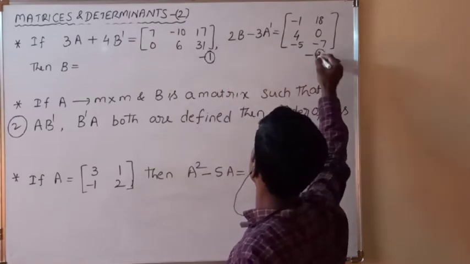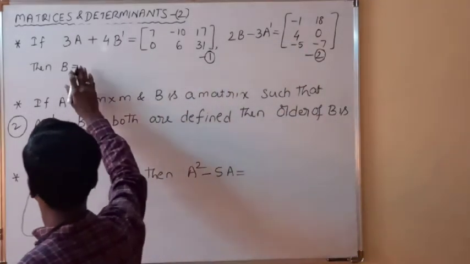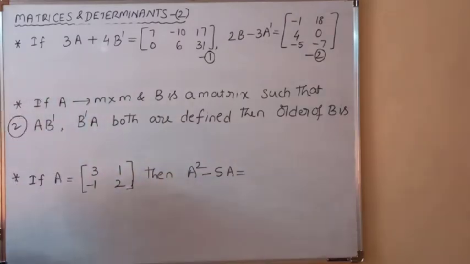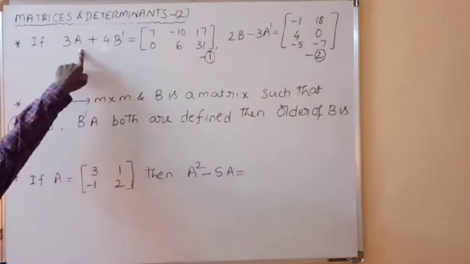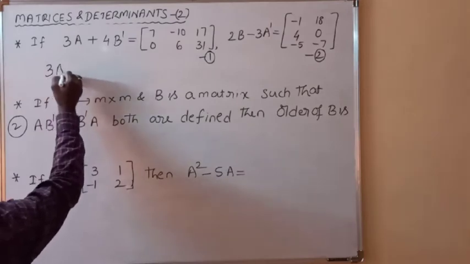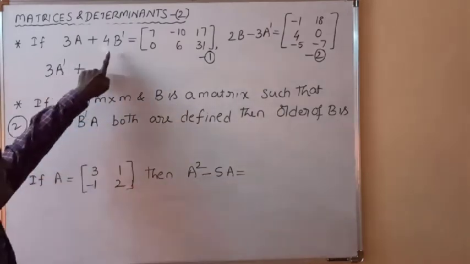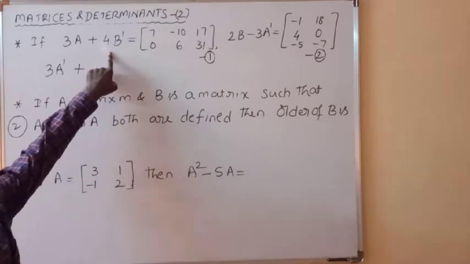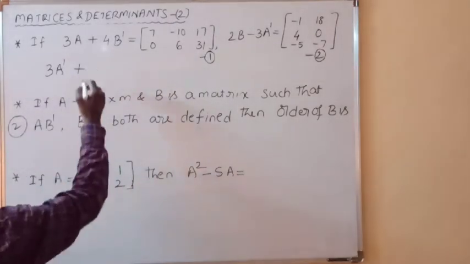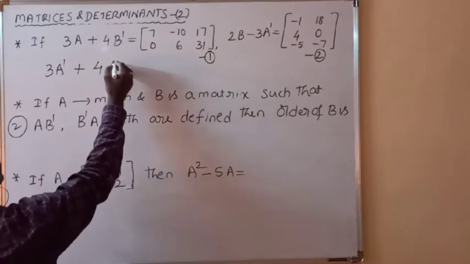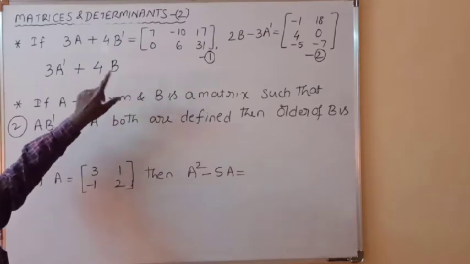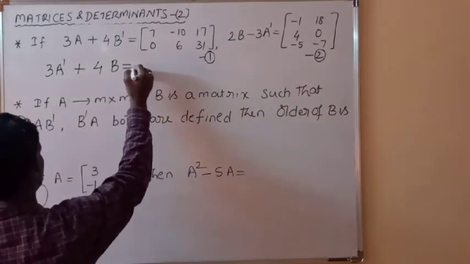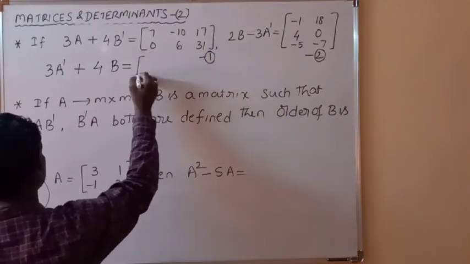This is equation 2. For equation 1, take the transpose on both sides. What is the first term? 3A. So the transpose of 3A is 3 times A transpose, plus the transpose of the second term, 4B dash whole dash. 4B dash whole dash is 4 times B dash whole dash, and B dash whole dash is nothing but B. It is equal to the transpose of the RHS matrix.